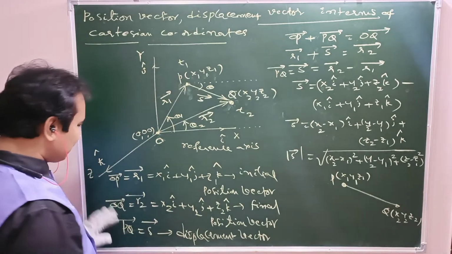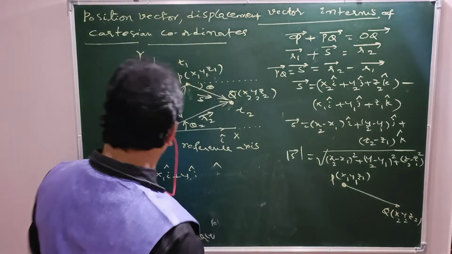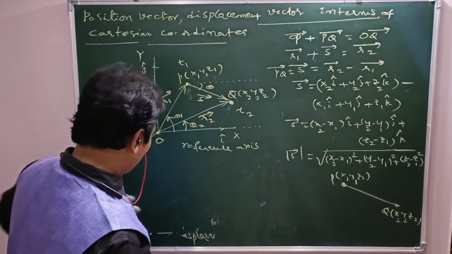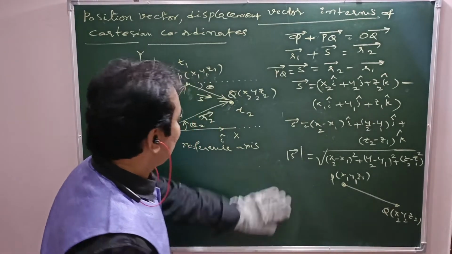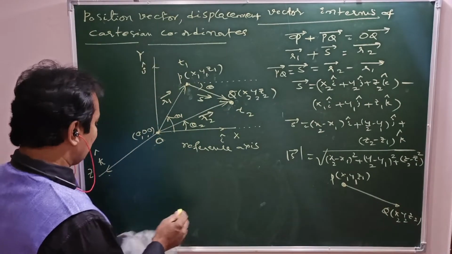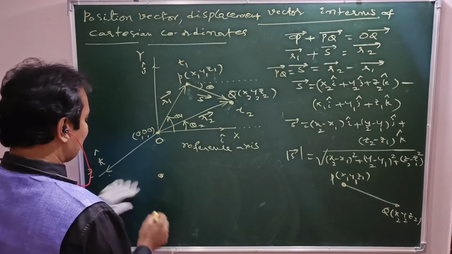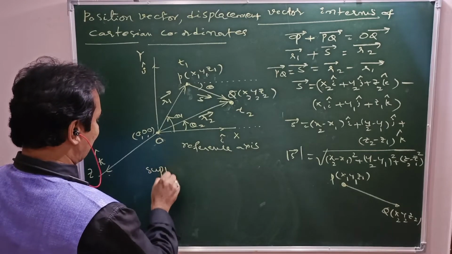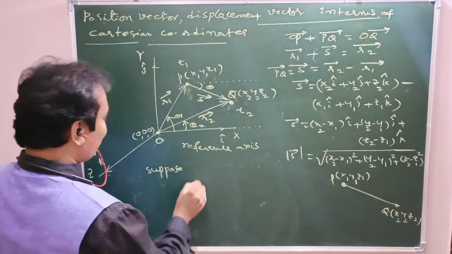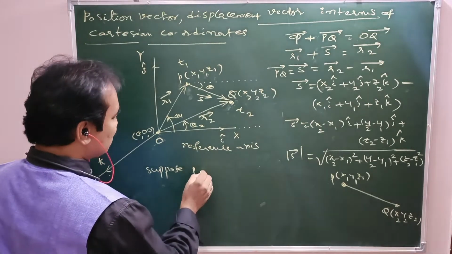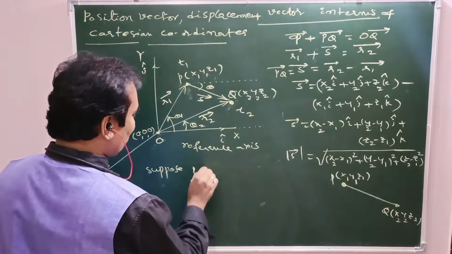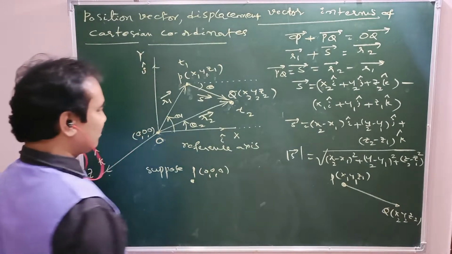What happens? Let us see. Suppose position P is to be taken as origin, for example 0, 0, 0.